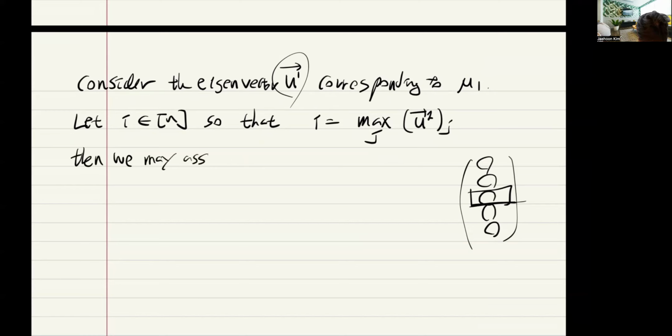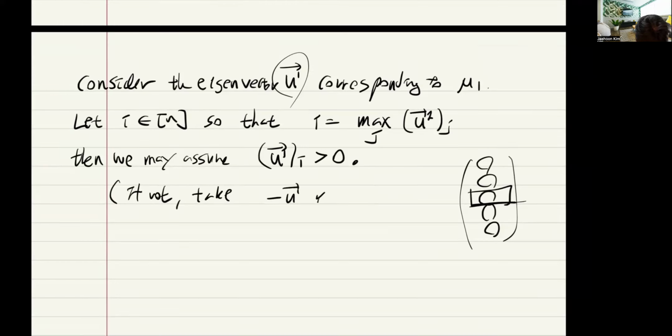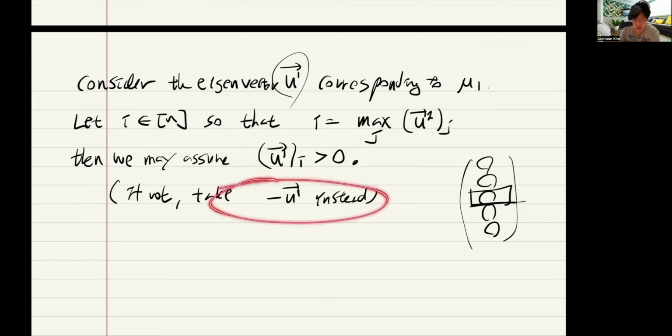You may assume that this i's coordinate is positive. Why? If not, take the negative of this vector instead. This eigenvector, if you just flip every sign, is still an eigenvector, so you can choose whichever one. You choose the one so that this maximum value is actually positive.